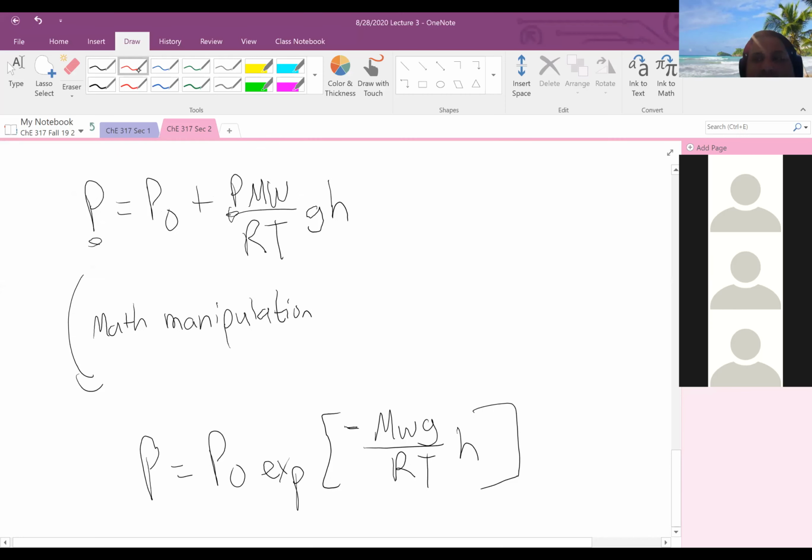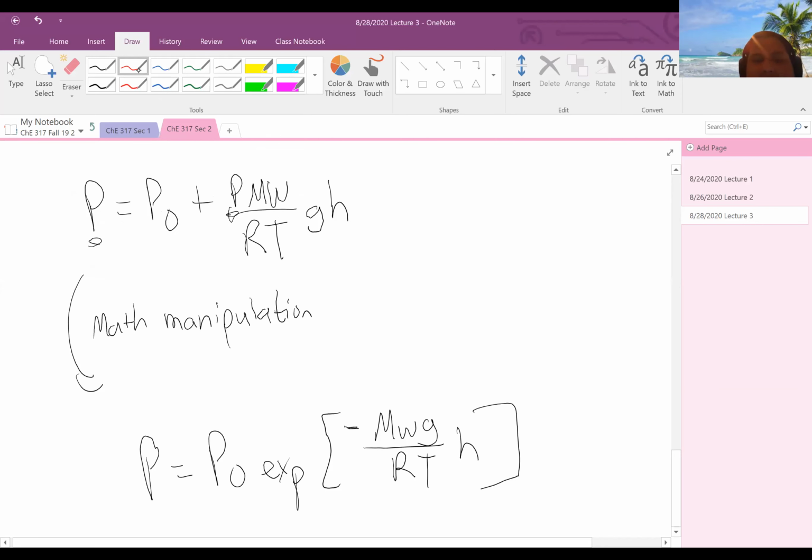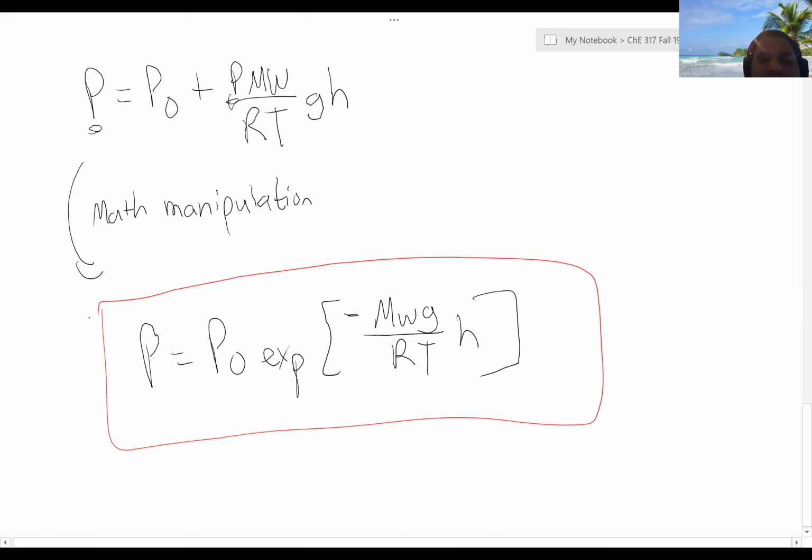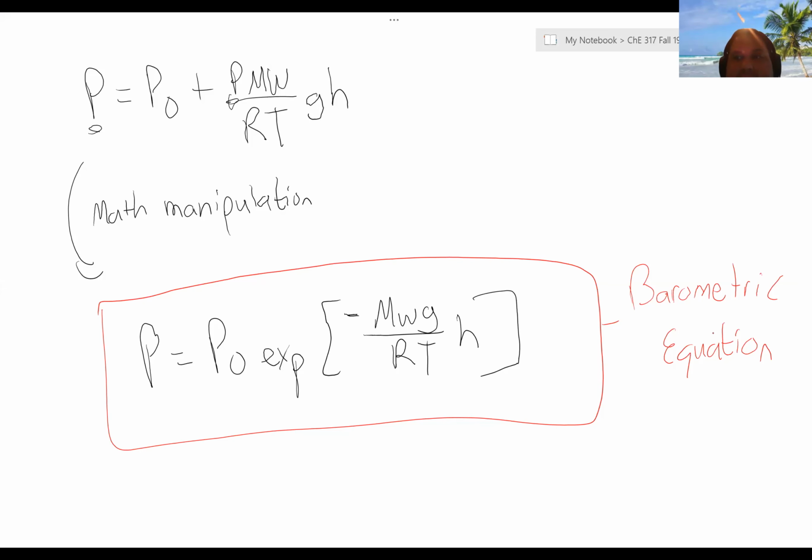This equation may or may not look familiar, but this we call the barometric equation, which accounts for pressure fluctuations via fluid statics and with compressible gases.